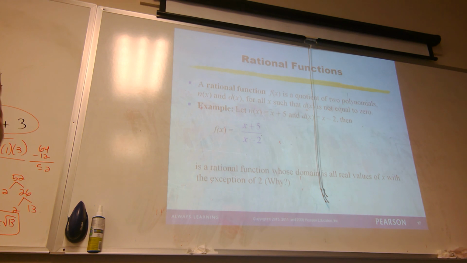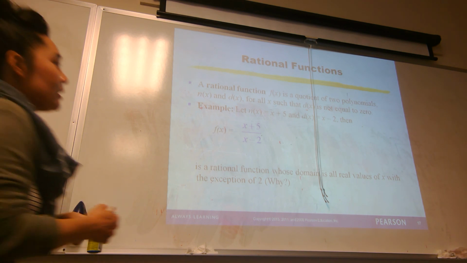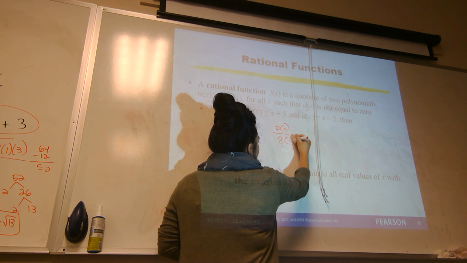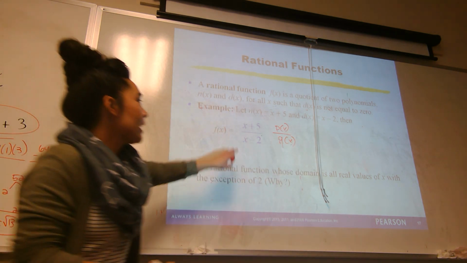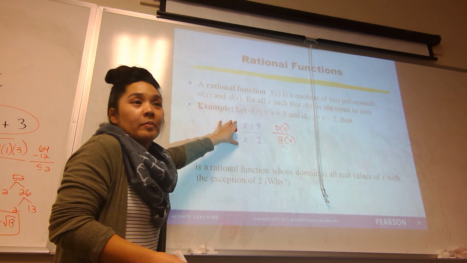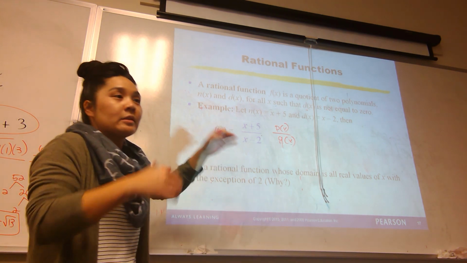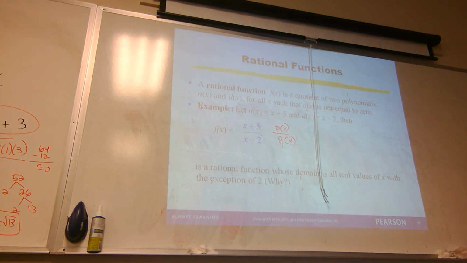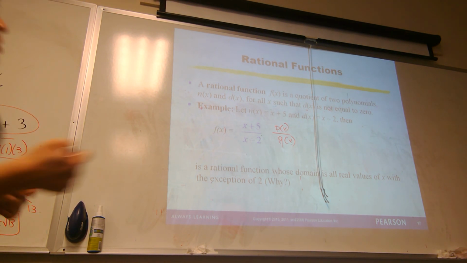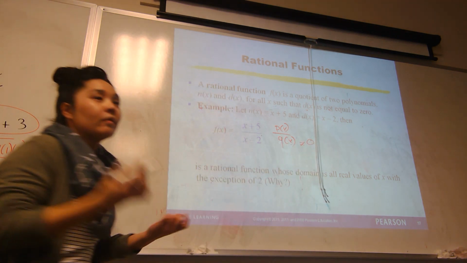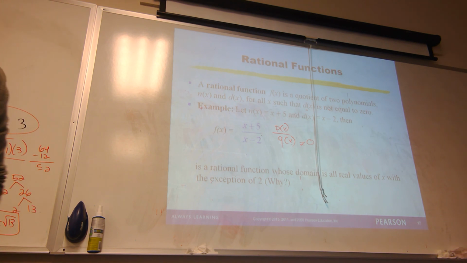Okay, so a rational function just means there is a function on the top and there is a function on the bottom. It can be this simple, it could be simpler, it could be more complicated. It just means there are two functions as the numerator and the denominator. And the denominator cannot equal 0, obviously, right?